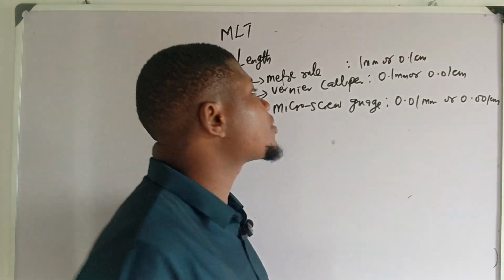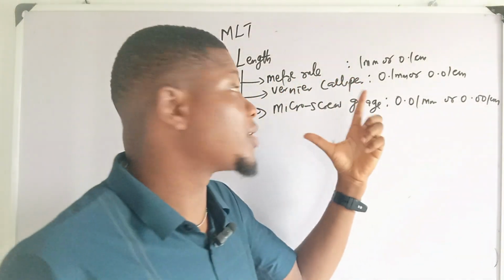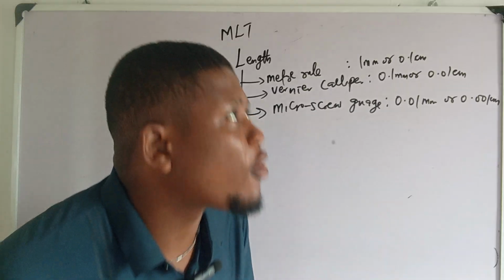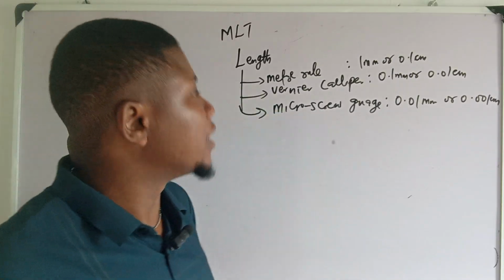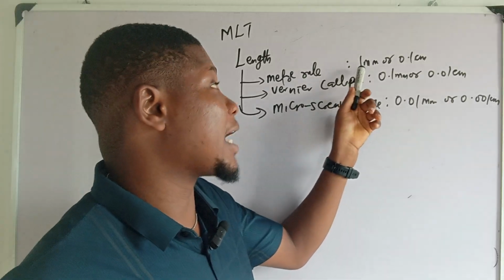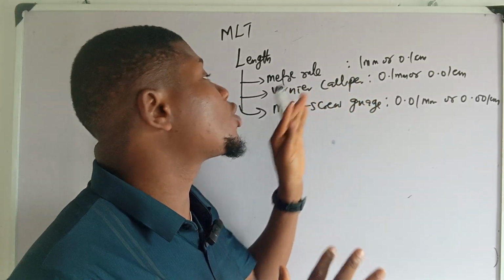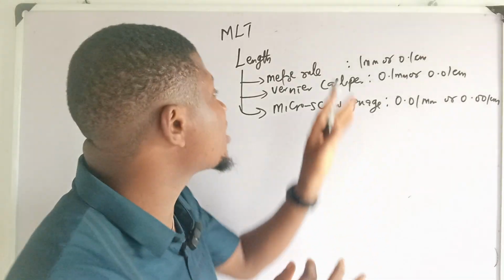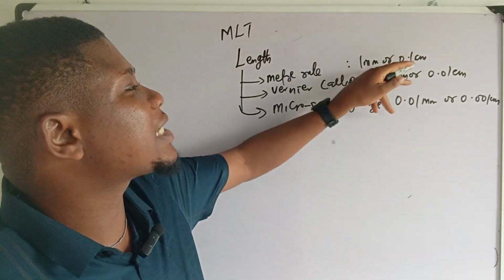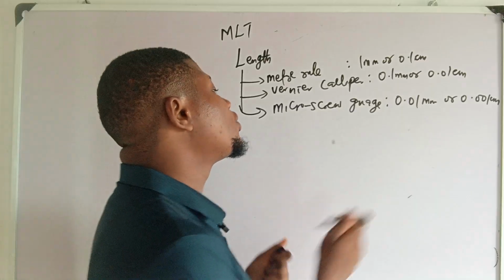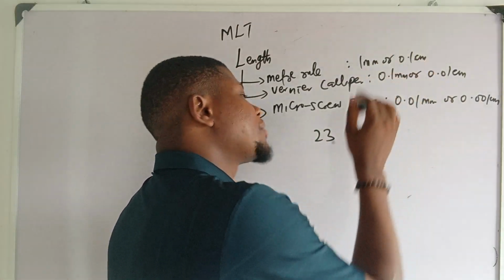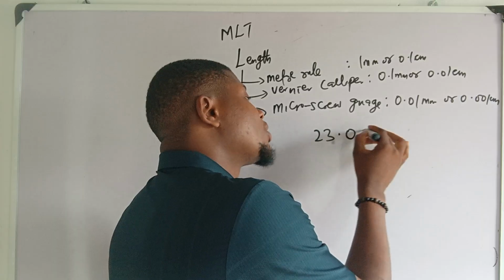JAMB will present the question as the reading accuracy of the meter rule. If the answers are in millimeter, go to the one that doesn't have a point in it, because it's a normal whole number. But if the answers are in cm, for example 23, you choose the one that has just one decimal place, 23.0 cm.